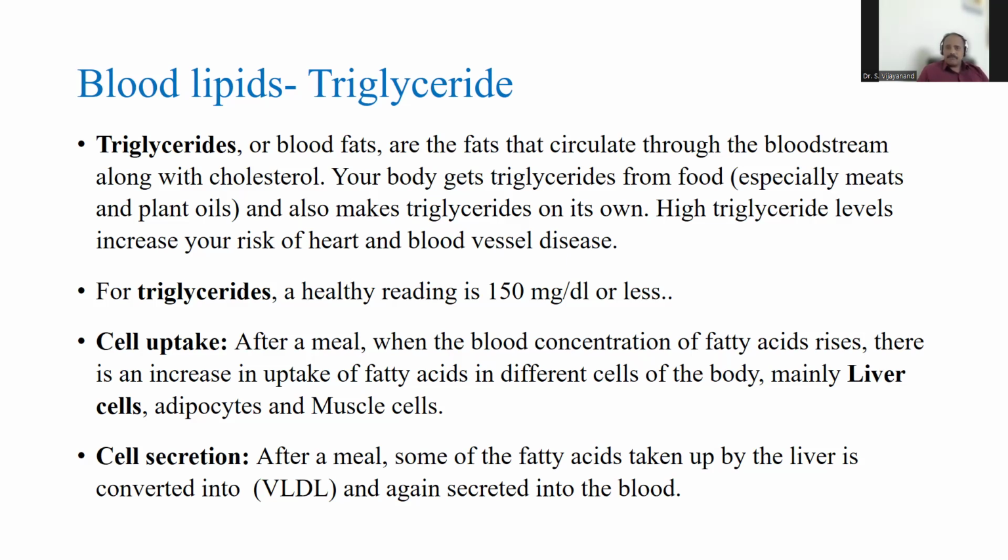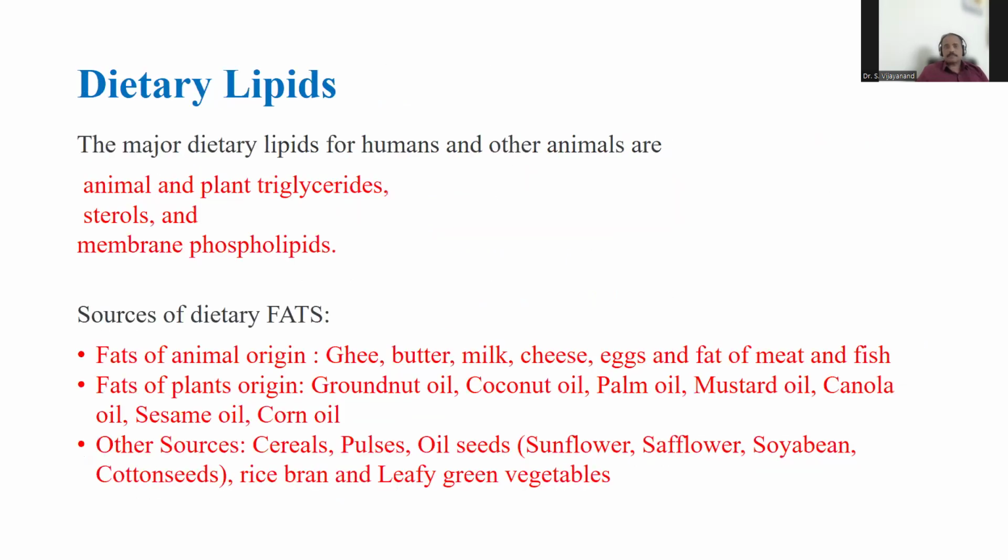Triglycerides, we call blood fats, circulate through the bloodstream and usually combine with cholesterol. These triglycerides are normally less than 150 mg per deciliter, and they are also involved in cell secretion and cell uptake.